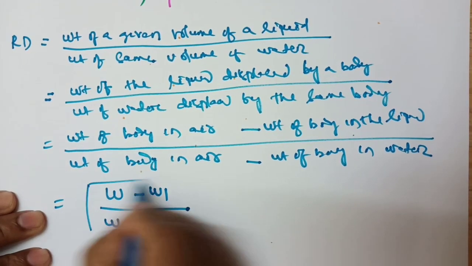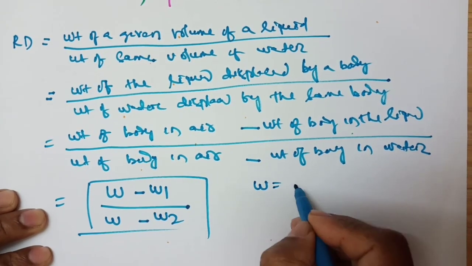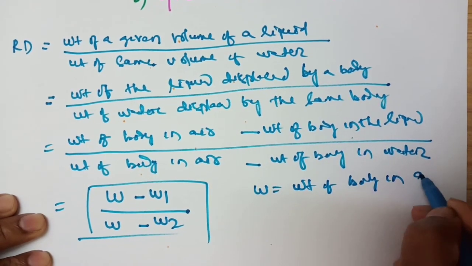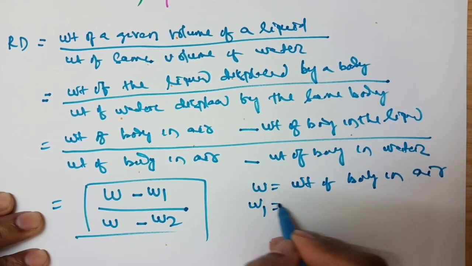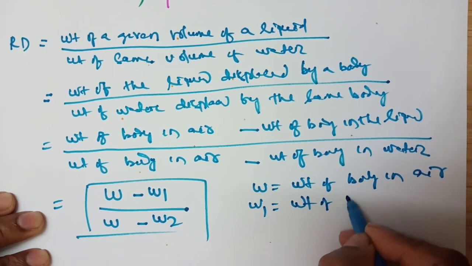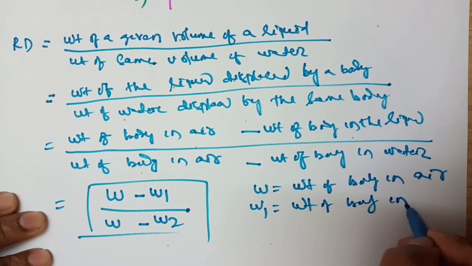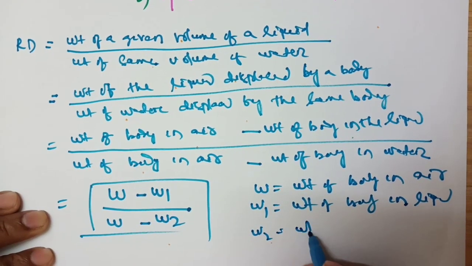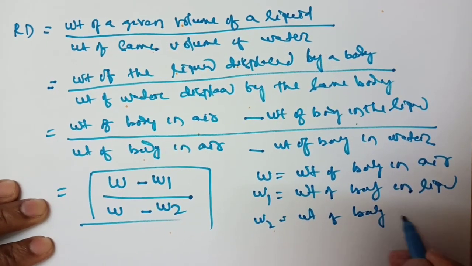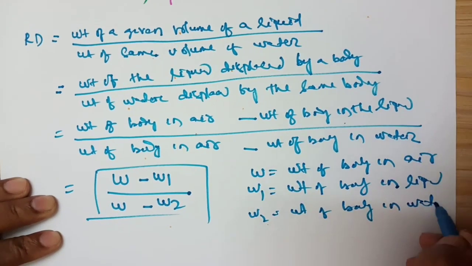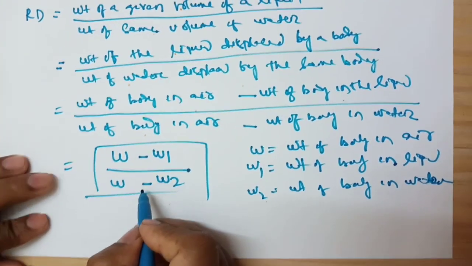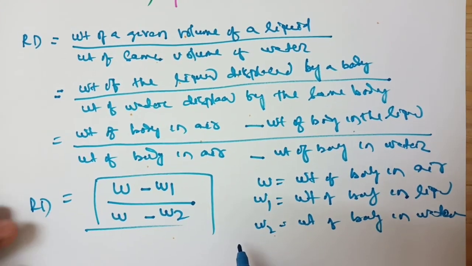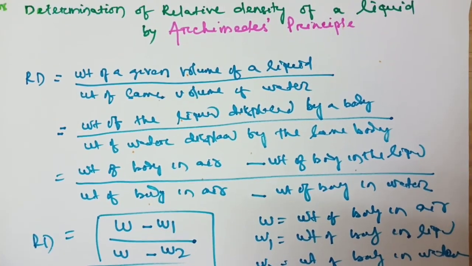So W is the weight of body in air, W1 is the weight of body in liquid, and W2 is the weight of body in water. This is the formula to find the relative density of a liquid by using Archimedes principle. Okay, so in the next video we will do some numericals. Thank you.